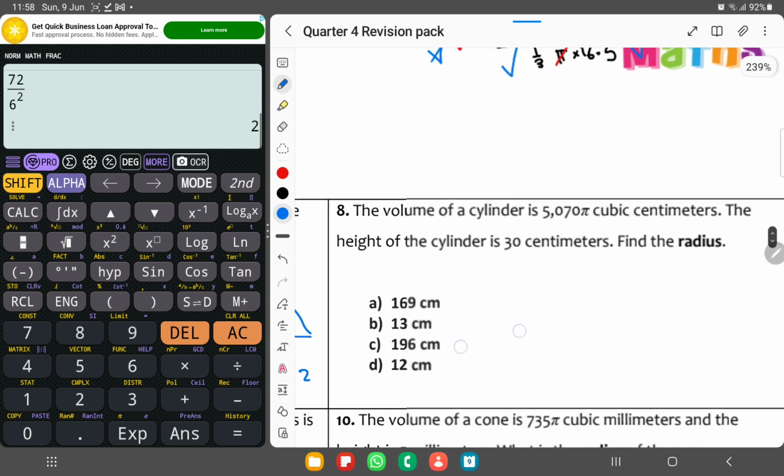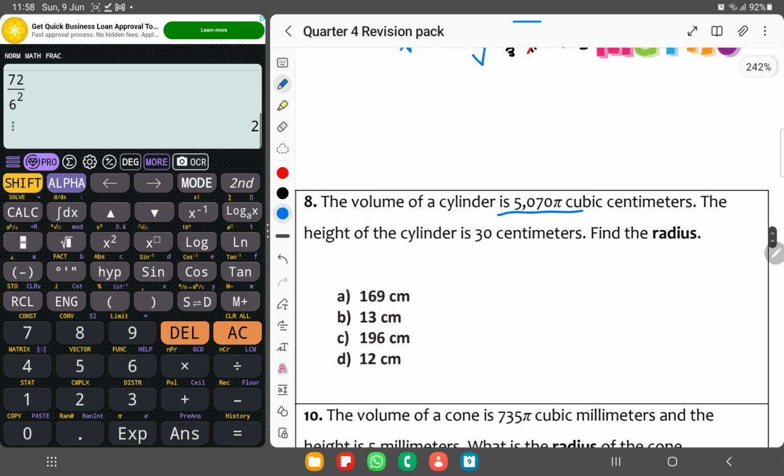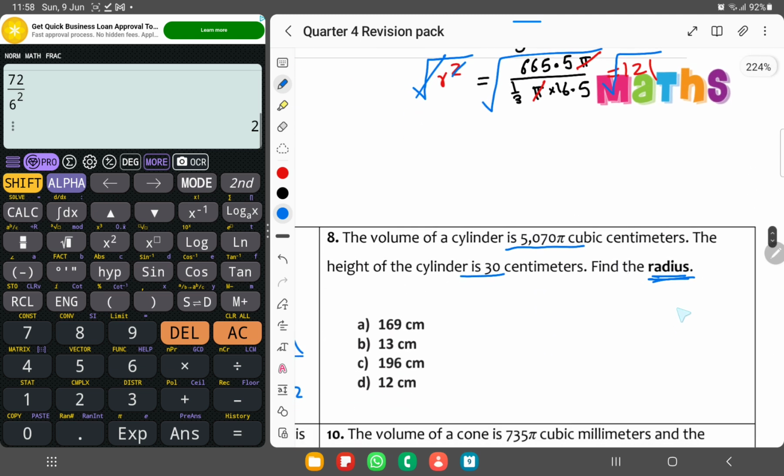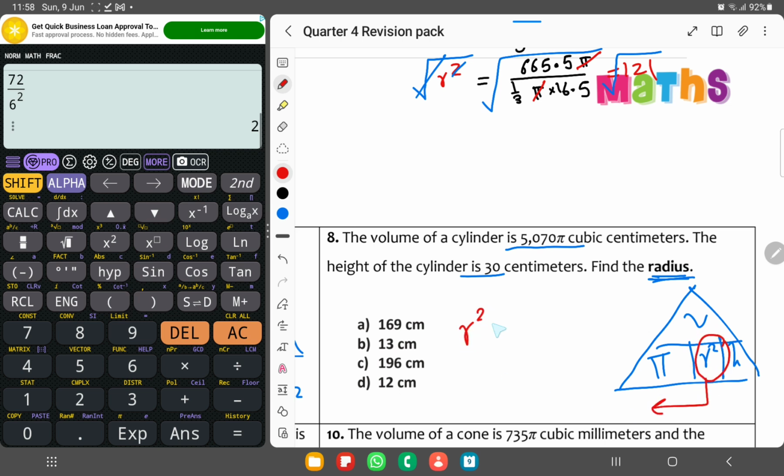Bravo. Number 8, the volume of the cylinder. And you have the height. Can you find the radius? Of course. Cylinder is pi r squared h. Volume equals pi r squared h. I want to find the radius. So now radius power 2 equals volume over pi h.